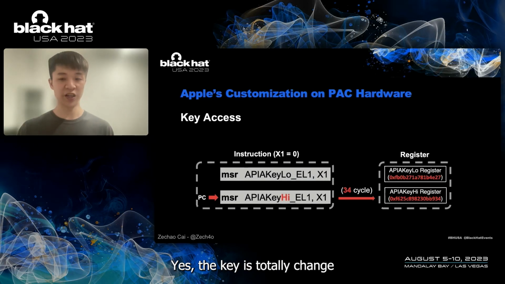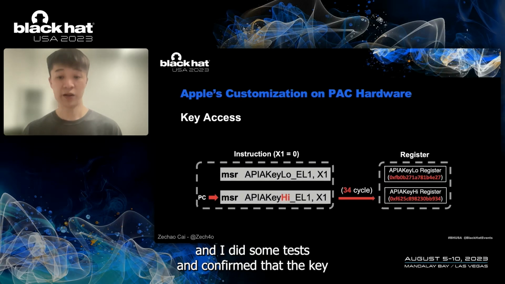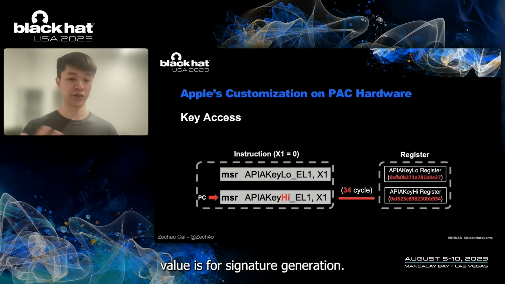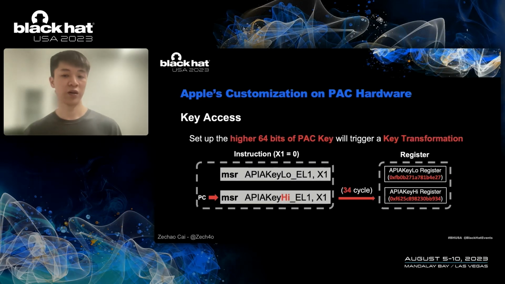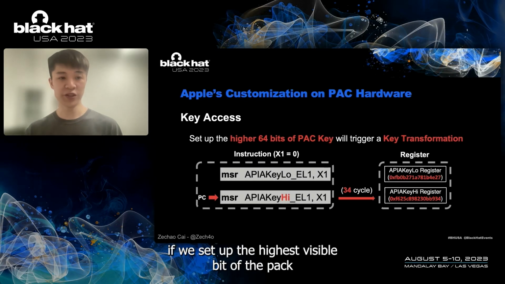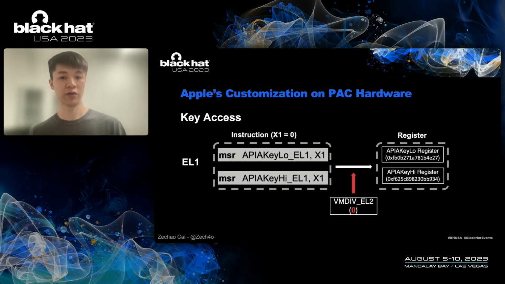Yes, the key is totally changed. I did some tests and confirmed that the key now in the register is the key value used for signature generation. So the first finding is that if we set up the higher 64 bits of the PAC key in Apple's PAC mode, it will trigger a key transformation.